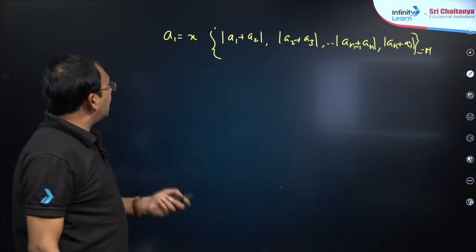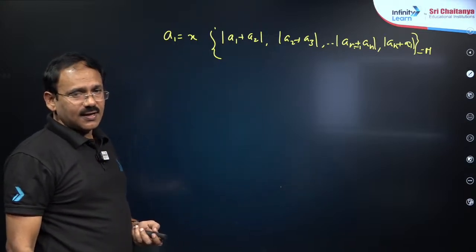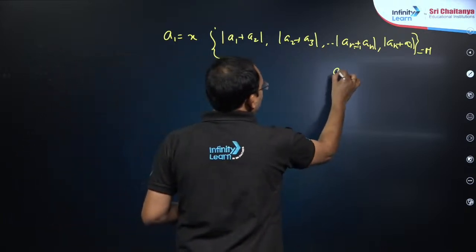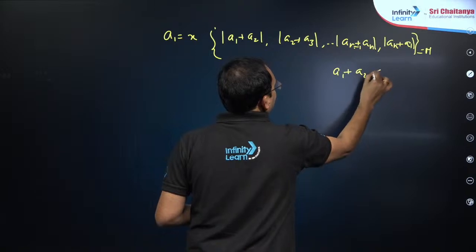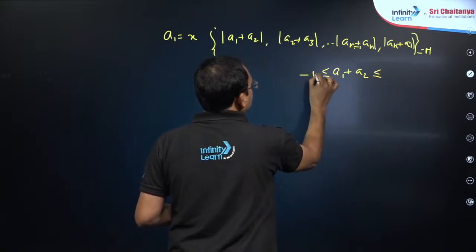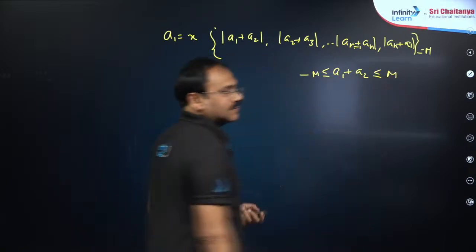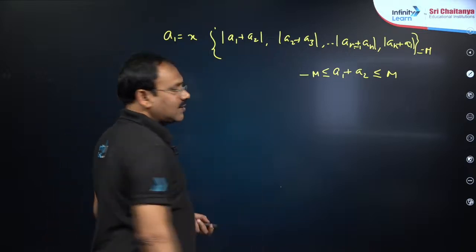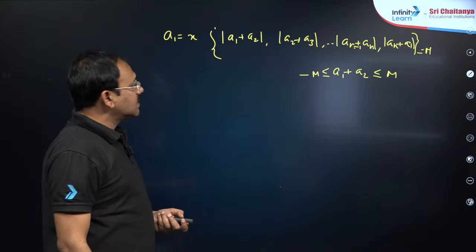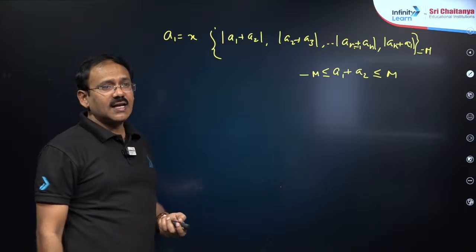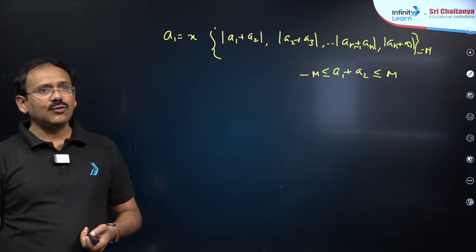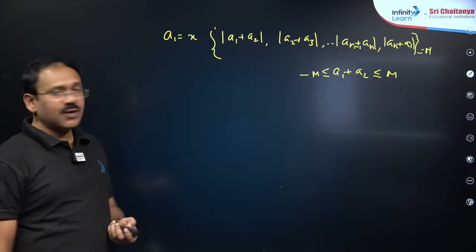Okay. Clearly, my dear friends, a1 plus a2 must be between minus M and M. Clear? So a1 is x, right? You just subtract x, my dear friends. Clearly, you can say minus a2 you can add.